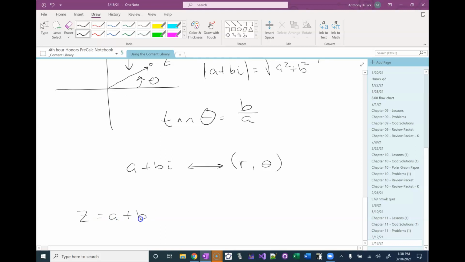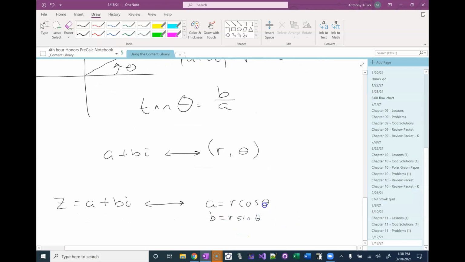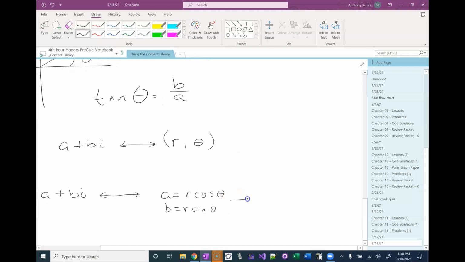So if I have the complex number a plus bi, that is equivalent to the trigonometric form where a is r cosine theta, and b is equivalent to r sine theta.